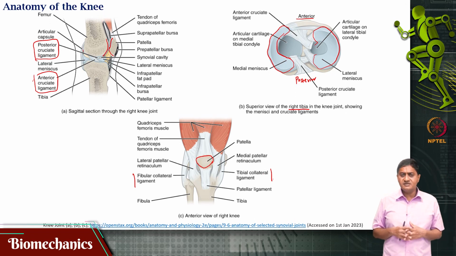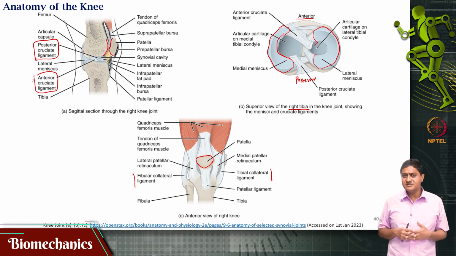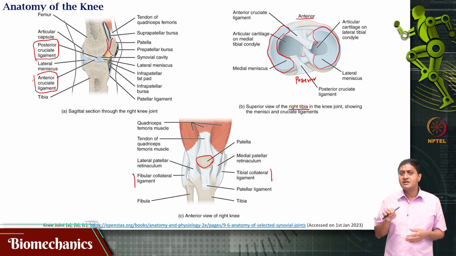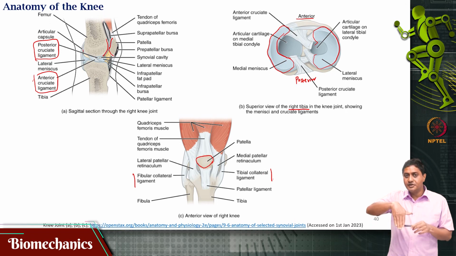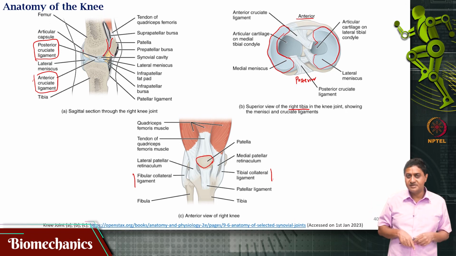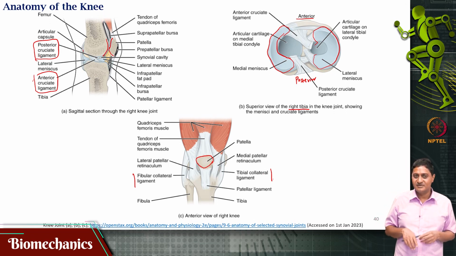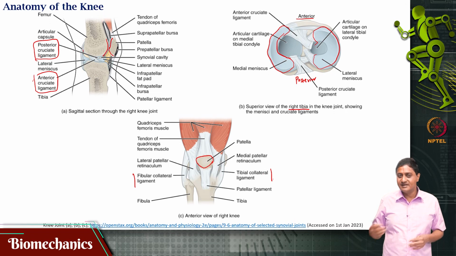So, what is the function of the quadriceps muscle? Quadriceps muscle connects on the anterior side of the thigh, is it not? So, that means it is going to perform the extension movement of the knee, right. We will discuss the muscles in a later video, but just mentioning here.